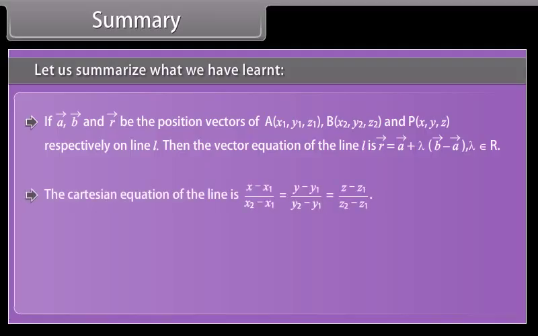The Cartesian equation of the line is (x - x1)/(x2 - x1) = (y - y1)/(y2 - y1) = (z - z1)/(z2 - z1).